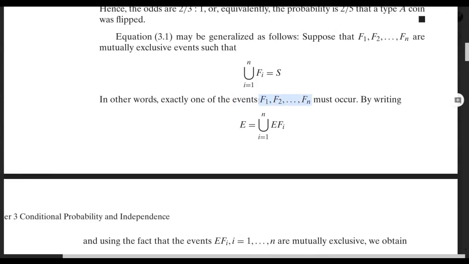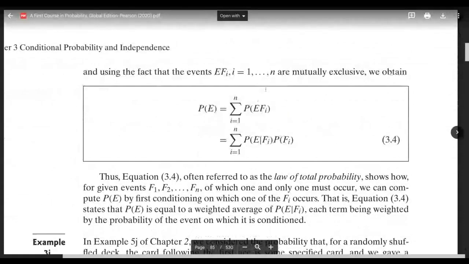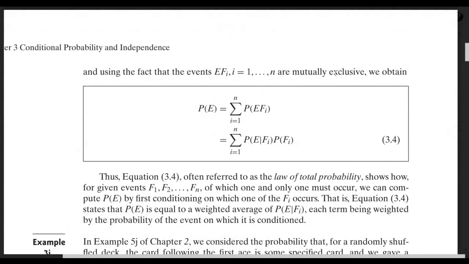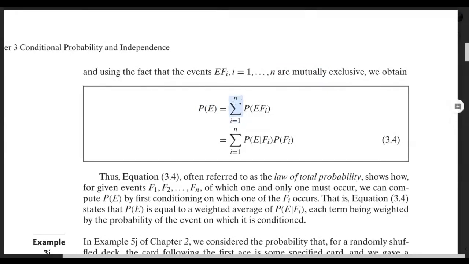So one of them must occur, so intersect with E. And using the fact that the events are mutually exclusive, we have this formula 3.4. So this is up to n events for F.